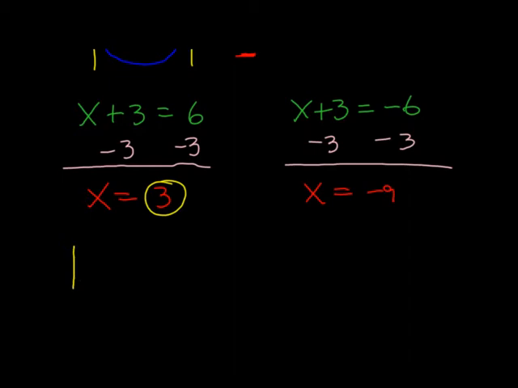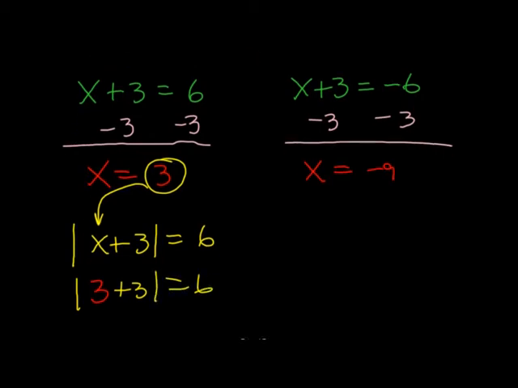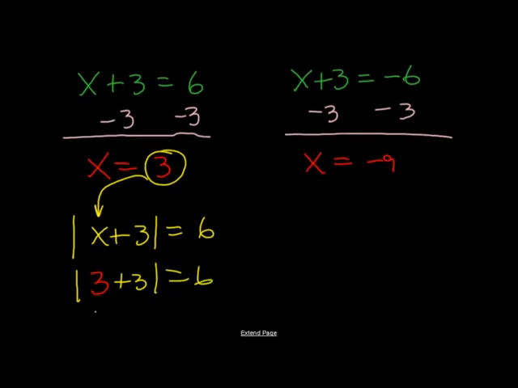We've got absolute value of x plus 3 equals 6. So I'm going to take this and put it in here, and I'm going to have absolute value of 3 plus 3 equals 6, and obviously absolute value of 6 equals 6. So that answer works. Let's see if the other one does.